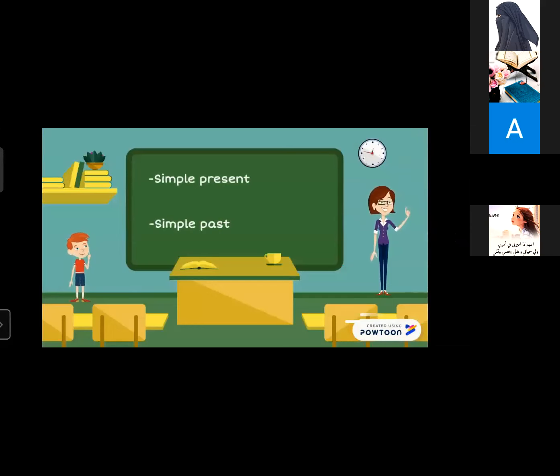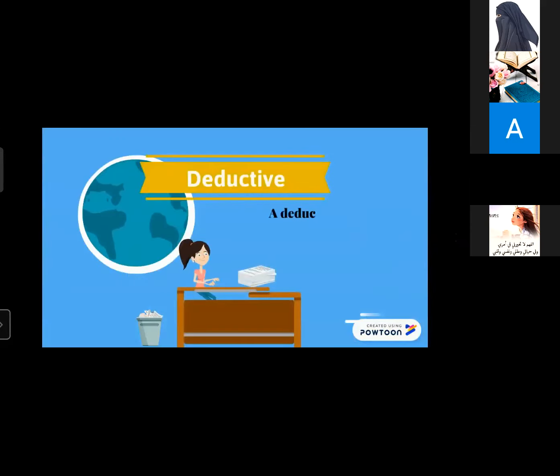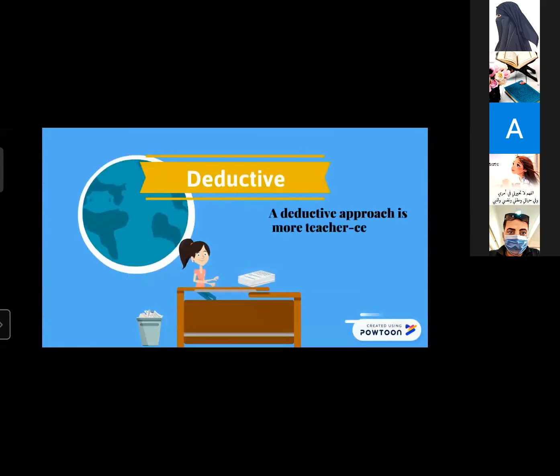The students discuss the differences and maybe even try converting some simple sentences from present to past on their own. A deductive approach is more teacher-centered learning where the points of English grammar are explicitly stated to the student and then tested. Once the grammar is introduced and explained, the students usually complete grammar exercises to become familiar with the pattern.